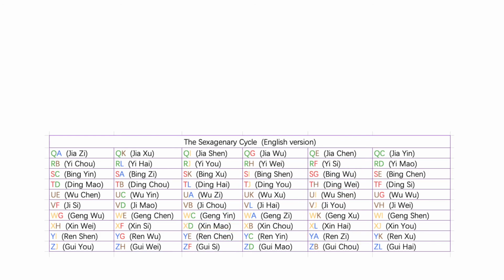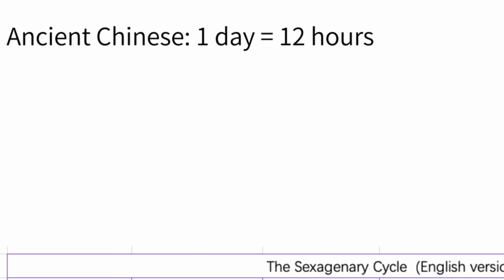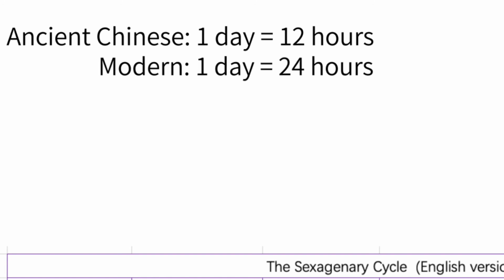The names of each hour of every day are also named after the sexagenary cycle. The ancient Chinese divided a day into 12 equal time periods, and now people divide a day into 24 equal time periods. Therefore, our current 2 hours is equivalent to 1 hour in ancient China.